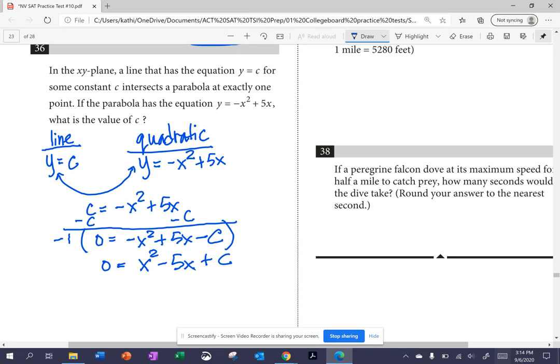So the question is, I have one point, so one solution. So the discriminant, b squared minus 4ac, equals 0 for one solution.